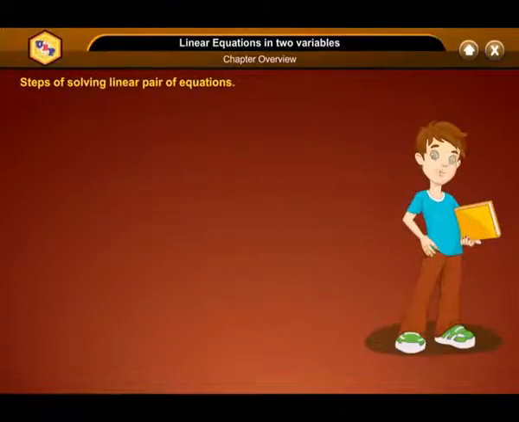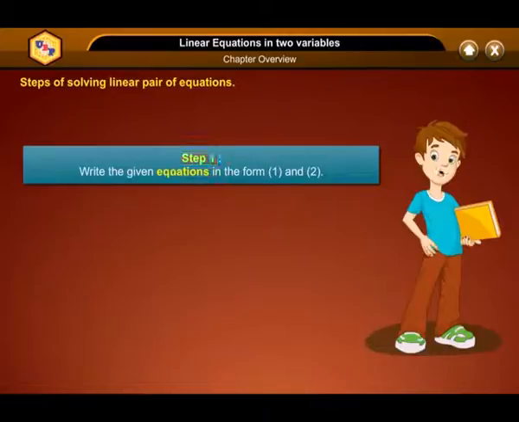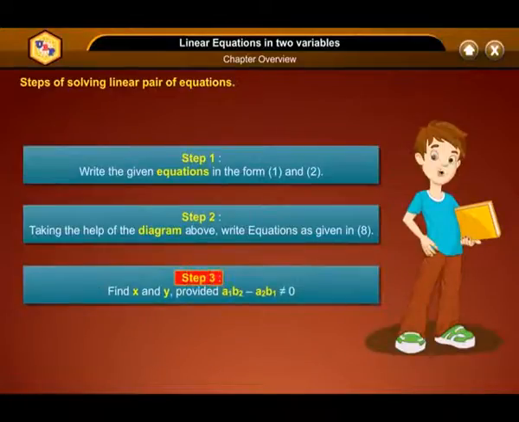Steps of solving a linear pair of equations. Step 1. Write the given equations in the form 1 and 2. Step 2. Taking the help of the diagram above, write equations as given in 8. Step 3.